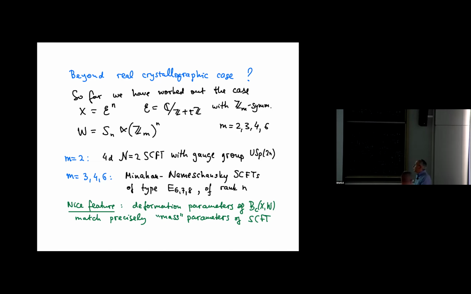If you want them to act on an abelian variety, then you cannot have, for example, this symmetry. So that's why we have this restriction. It's a crystallographic restriction, yes. But finite groups, as far as I know, nevertheless also appeared in these SQFTs as well. They have relevance to SQFTs indeed, but not in this story.